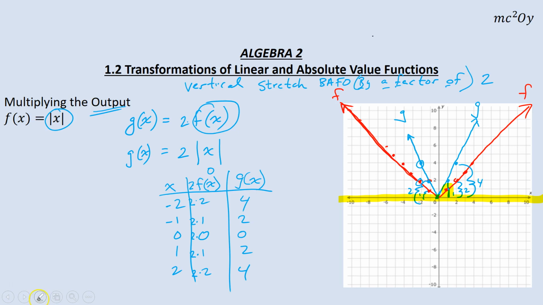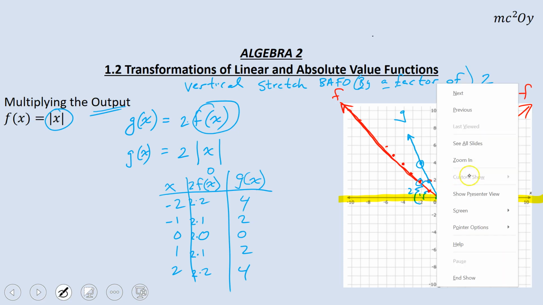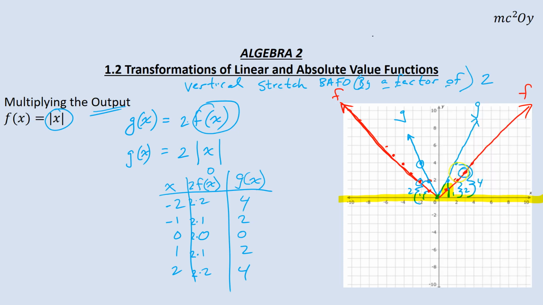So for instance, just to make sure we're clear on that, a point that was, say, originally 3 units away would now be 6 units away. So it's stretching it, it's pulling it out away from the x-axis up there. Okay, so it's happening vertically again because it's on the outside.